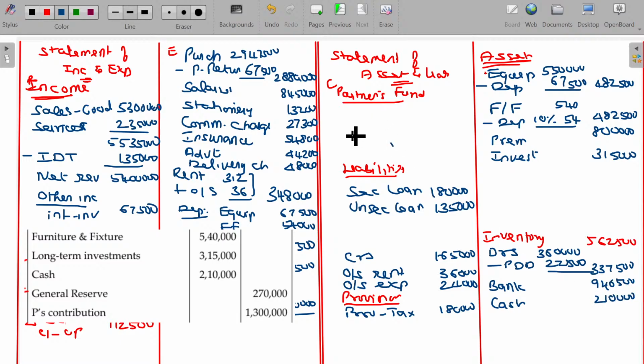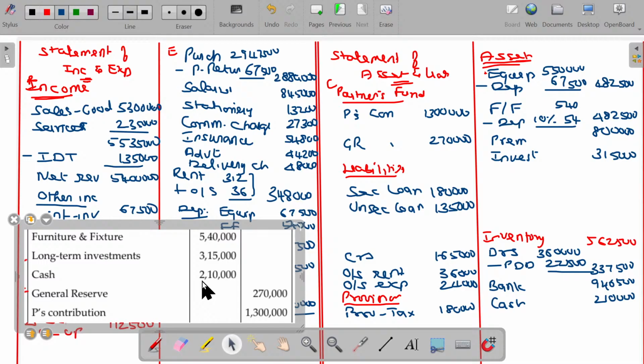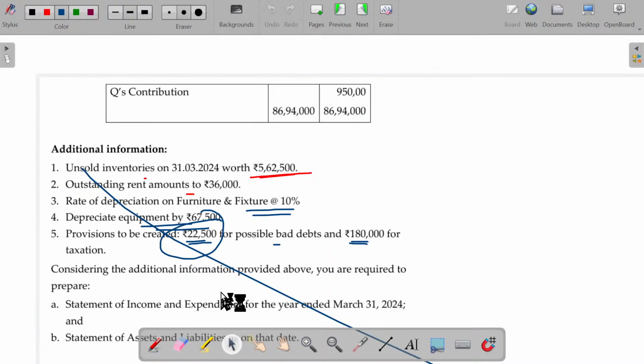General reserve in partners' fund. P's contribution 13 lakhs, and then general reserve 2 lakhs 70,000. I picked from here. And Q's contribution 9,50,000. Make the error corrected.